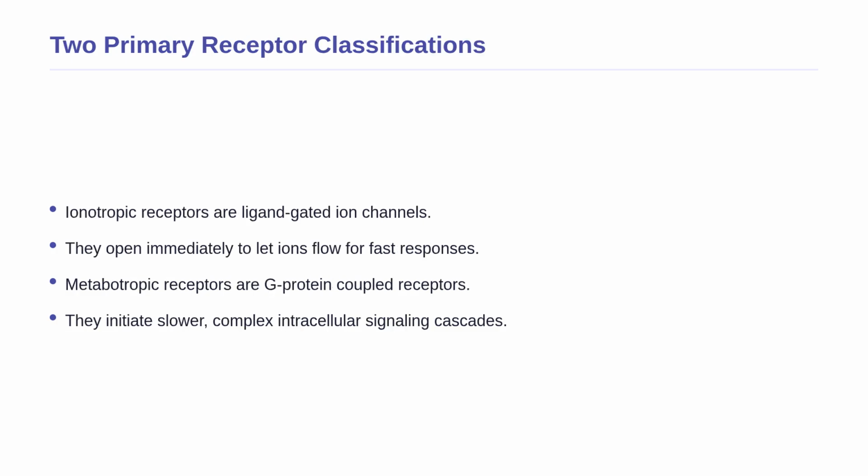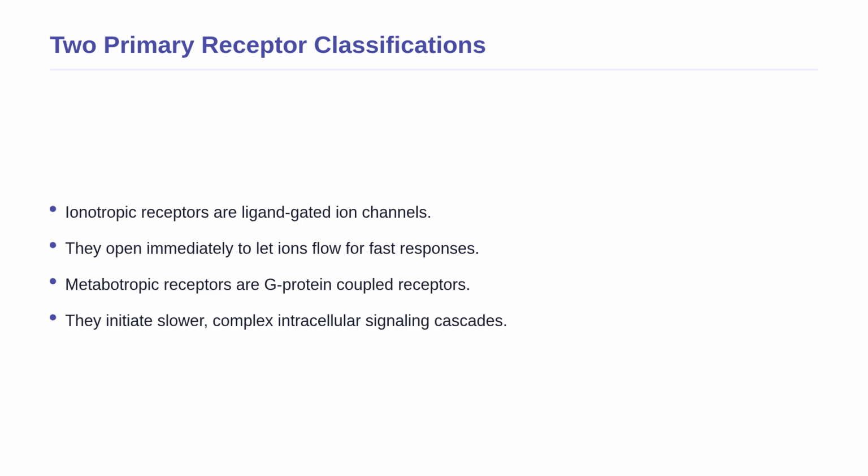Now that we understand how binding causes a structural shift, we must recognize that not all receptors respond in the same way. There are two primary classifications of these receptors. First, we have ionotropic receptors. These are ligand-gated ion channels that act like direct trapdoors. They open immediately upon binding to let ions flow, creating a very fast electrical response.